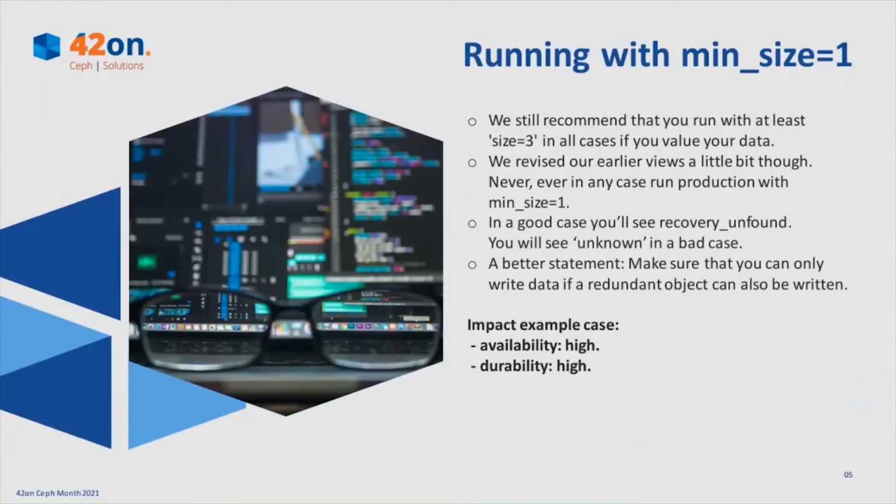In a good case, you will only have recovery and backfill, which is bad enough. In a bad case, you will just lose placement groups. We've had a couple of cases like this in the last 2 years that are just bad in every way.